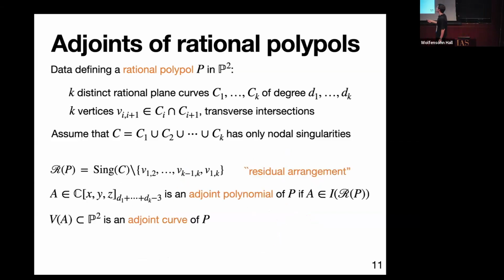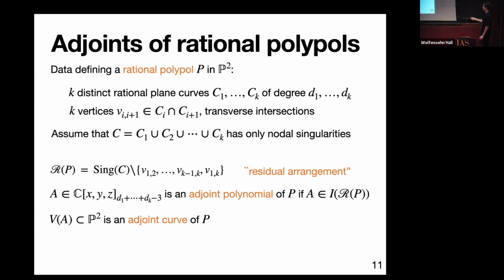I'm going to say the residual arrangement is the singular points of the boundary curve minus all the things that I called vertices. Okay, so this is a complex definition. And a polynomial A of degree sum of the di minus 3 is adjoint to my polypol if it belongs to the ideal of this residual arrangement.